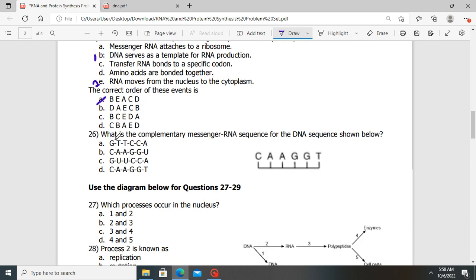26. What is the complementary messenger RNA sequence for the DNA sequence shown below? Which of these is the correct complementary sequence on the messenger RNA?